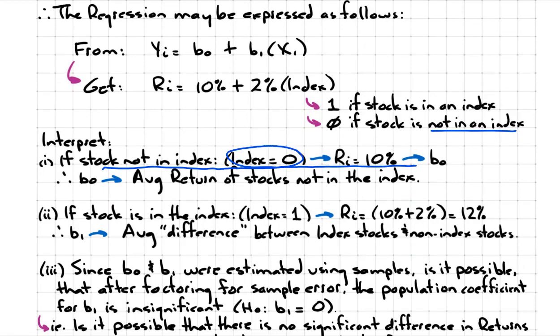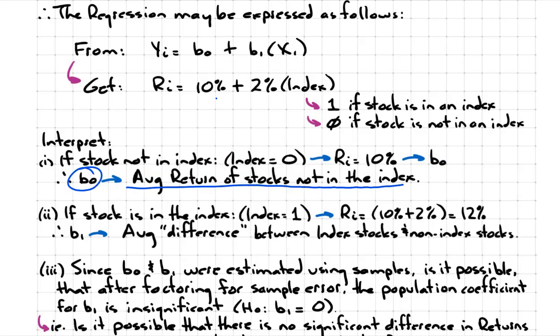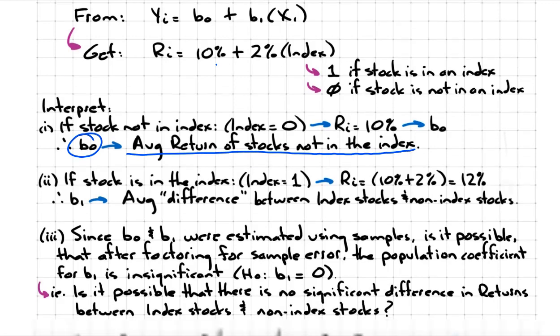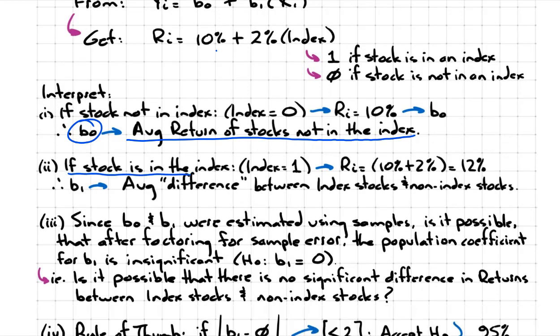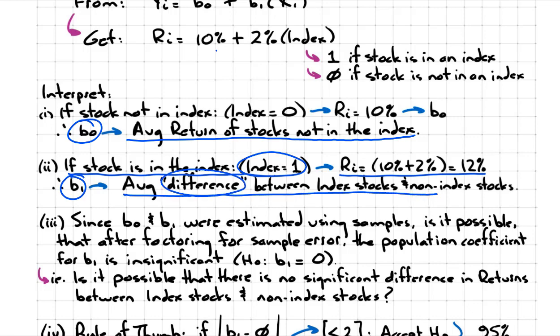Stock return is 10, and therefore that would be the value for the constant itself. And then naturally, B0 represents the average return of stocks that are not on the index. And as I said before, if the stock is in the index, the dummy variable index registers a value of 1. And therefore, the average return would be 12%. So therefore, B1 represents the average difference between index stocks and non-index stocks.